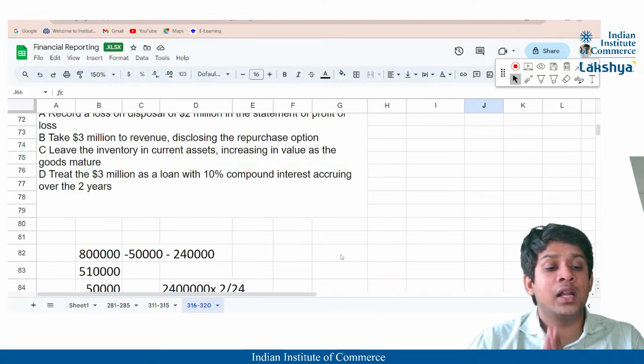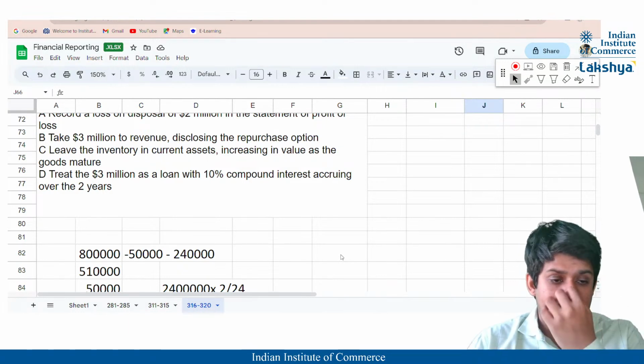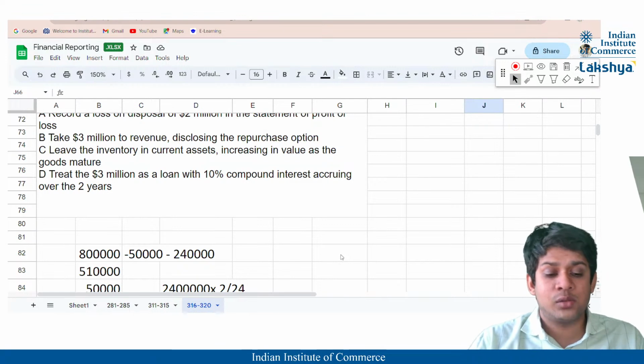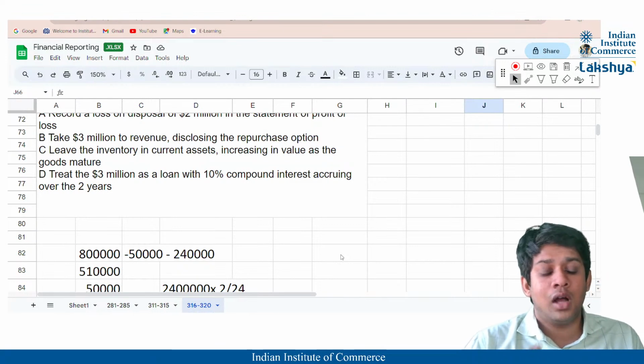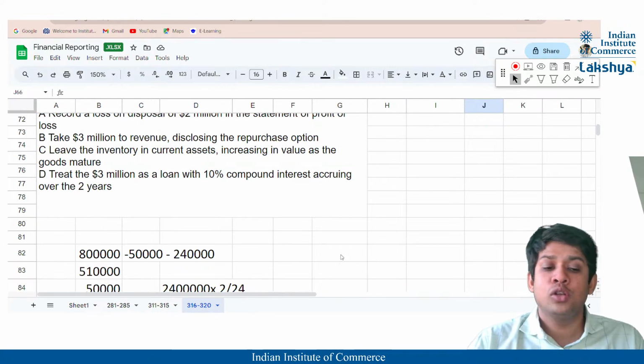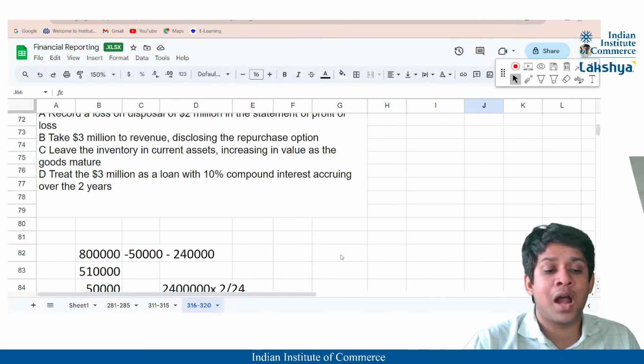So here we are done with our section B and section C calculations. In tomorrow's class, we are going to solve one full mock paper. So please do join for that mock paper. You can either join live or go through the recorded session, because many students might have a problem with mock paper time management and everything.